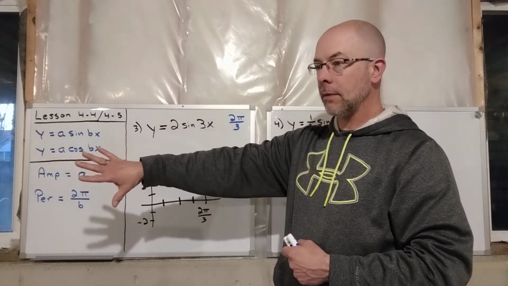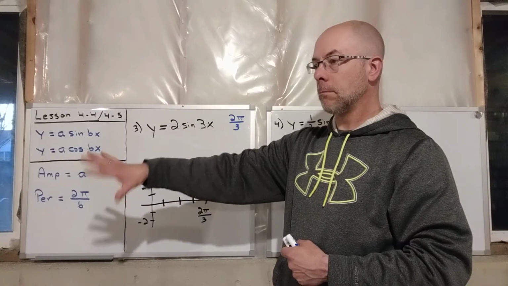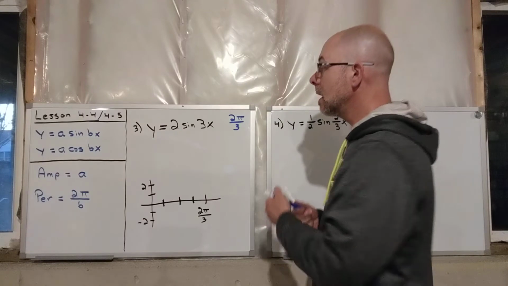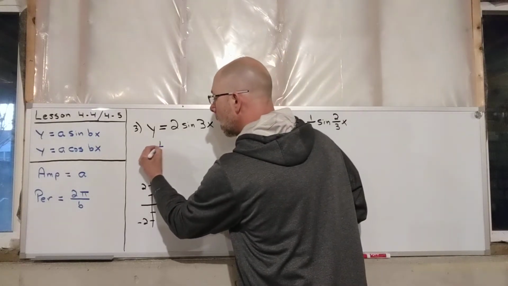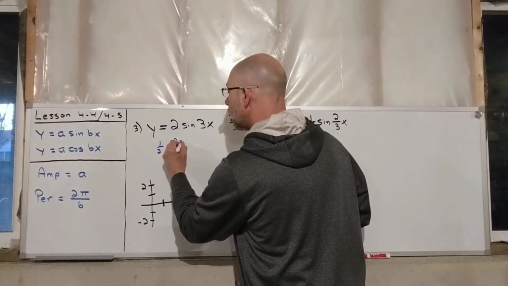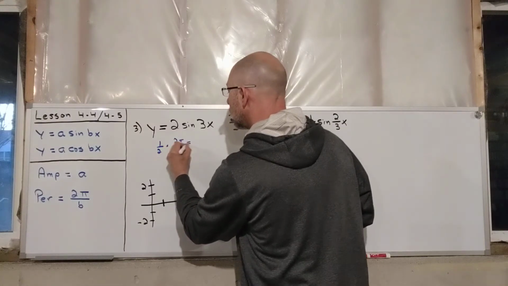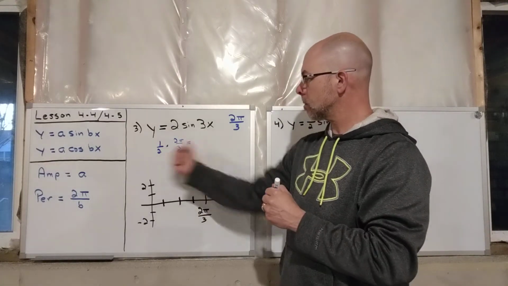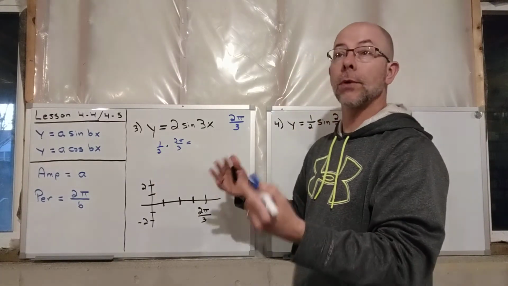Halfway to anything is basically multiplying by half. So if I need to calculate this, if you did 1/2 times 2 pi over 3, you'll get the label that belongs here. Now when you multiply, go straight across the top, straight across the bottom, and then reduce.